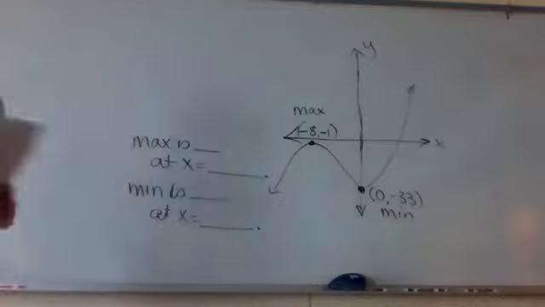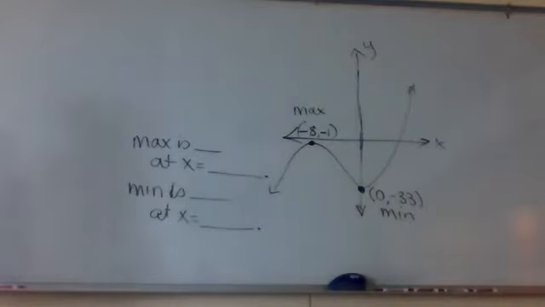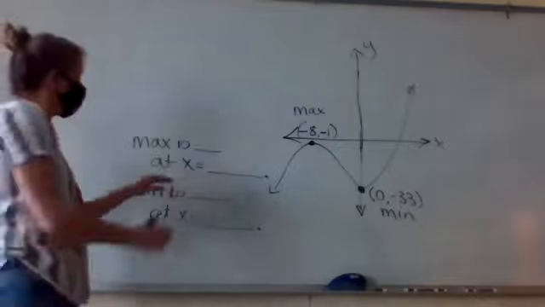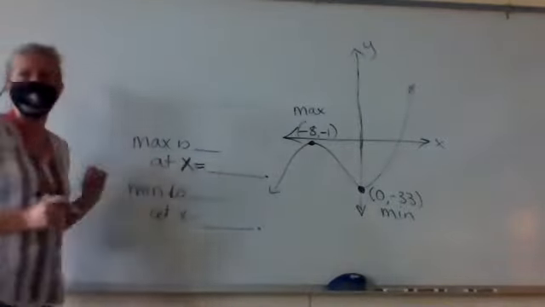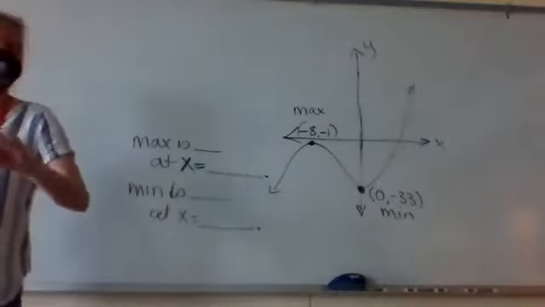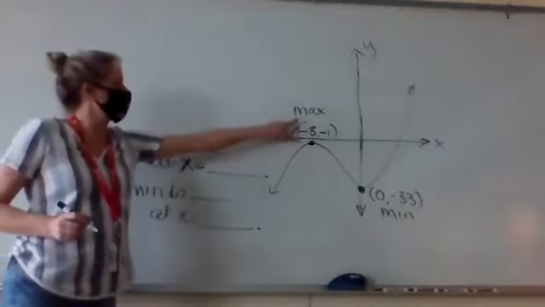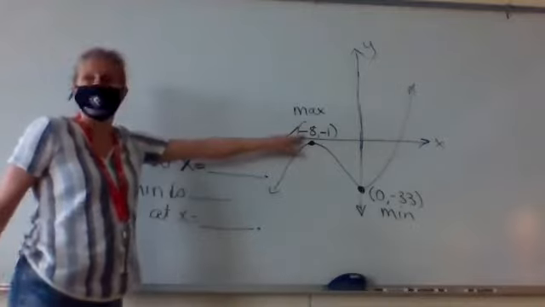So again, when it's talking about the maximum or minimum, it's talking about the y. And the second part, again, where it says x equals, that's where you're going to put the x, right? So this one, the maximum, what's its x? -8.